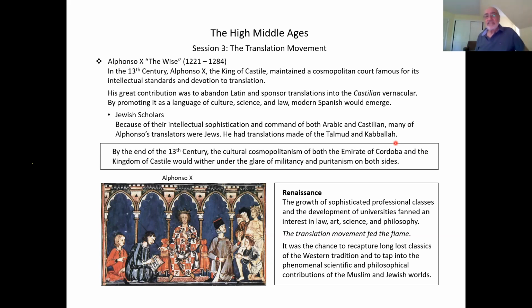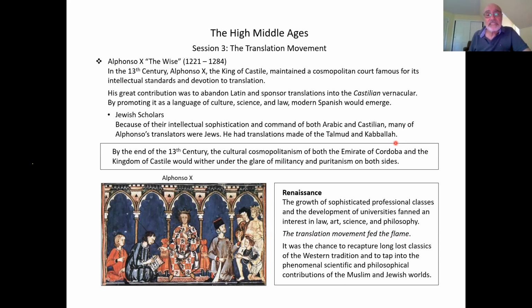And you have Alfonso aware of this because it was in Hebrew, and he wants translations made so he can read it. Everybody was interested in mystical literature in this period. And since Jews were such eminently scholarly and professional people in the court, he thought there must be something in Talmud. Let's have a translation of that.